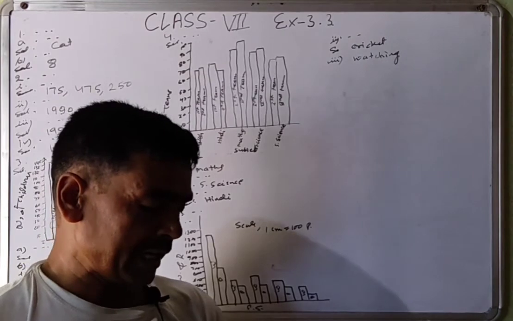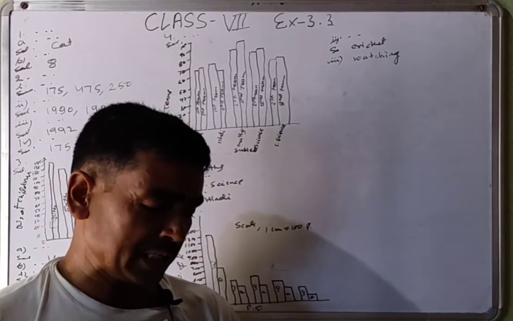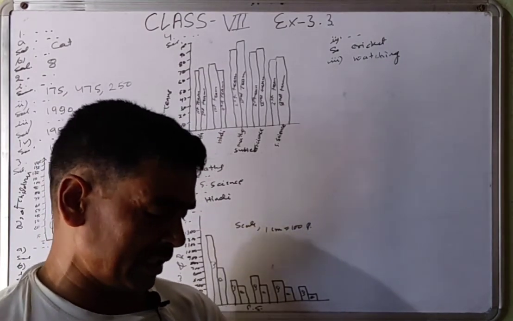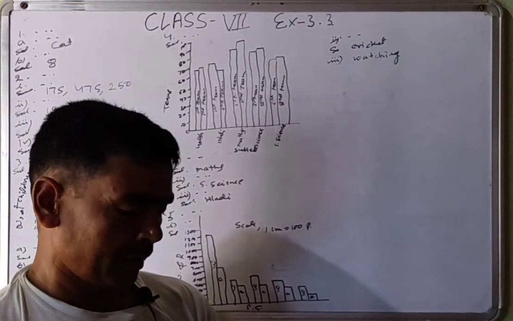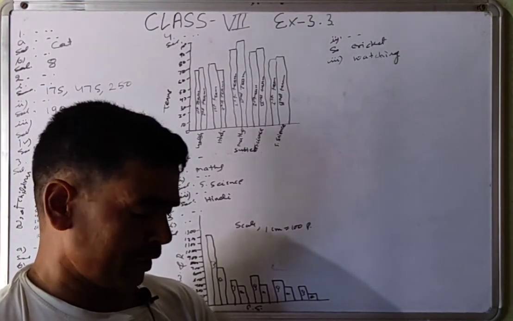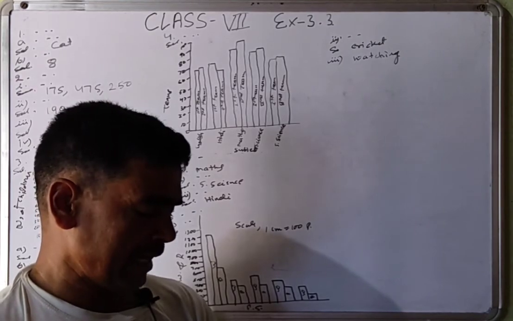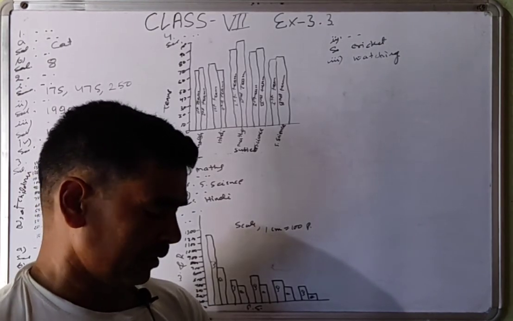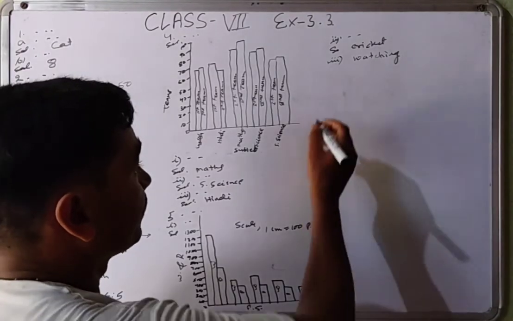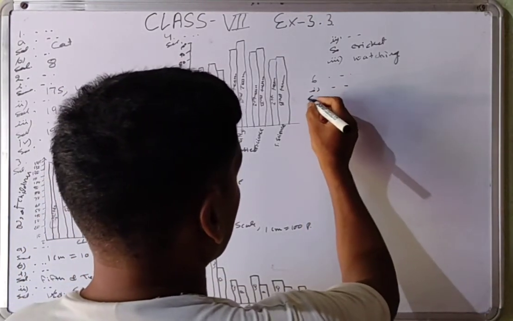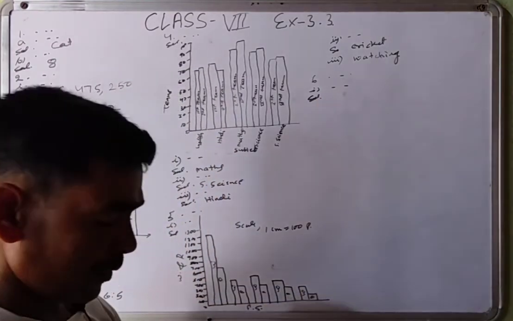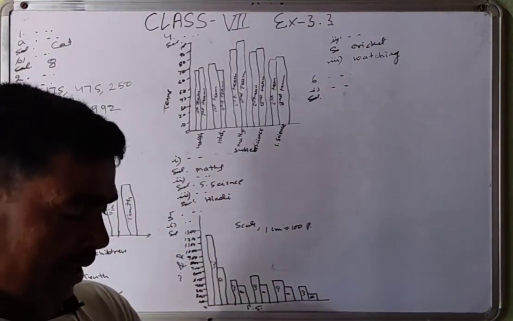Take the data given on the minimum and maximum temperature of various cities given in the beginning of this. Plot the double bar graph using the data and answer the following. So question 6, first part, double bar graph.